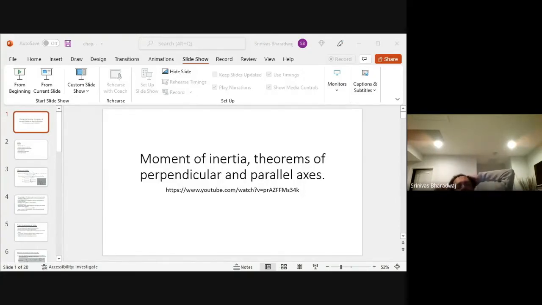Okay, so now a hollow cylinder, similarly, mr square, etc. Now if you have a uniform solid sphere, you do a similar integration, but in this case, because it's a solid, you do 4 pi r square dr. 4 pi r square is the surface area of a spherical surface, times the thickness, which is dr. Therefore, 0 to r, 4 pi r square dr times rho times r square.